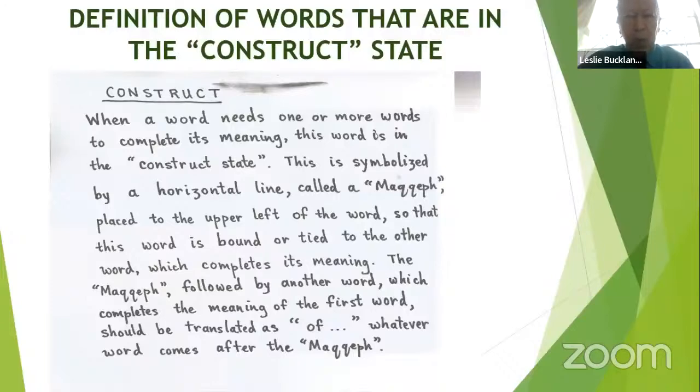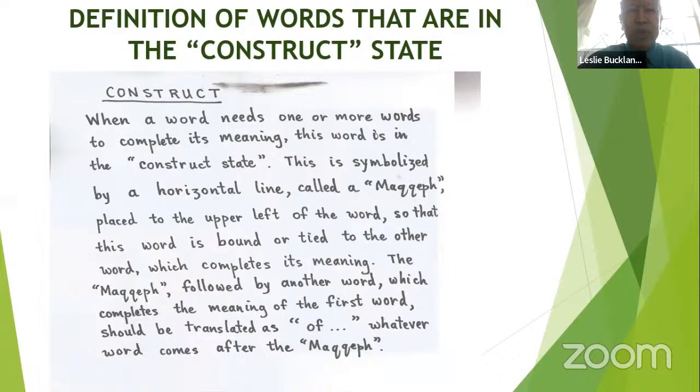But if another word or two other words are added on to that one word to give it some more meaning so that people may understand that noun better, that same word that was in the absolute state is now put into the construct state.